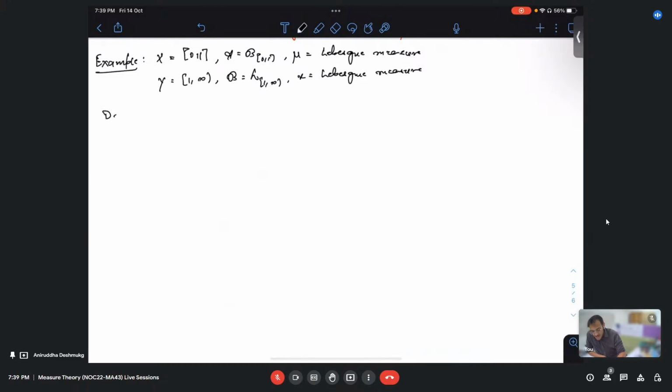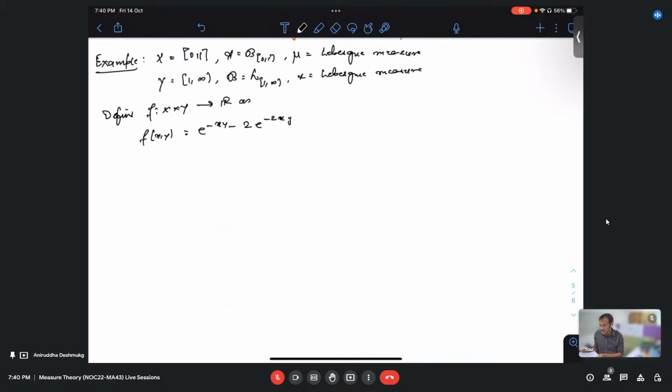And then let us define the function f from X cross Y to R as f of xy equal to e to the power minus xy minus 2 e to the power minus 2xy. Okay.